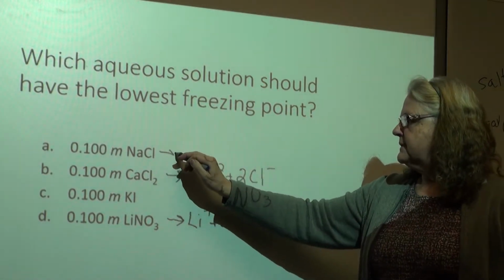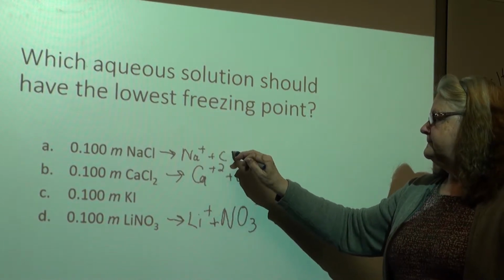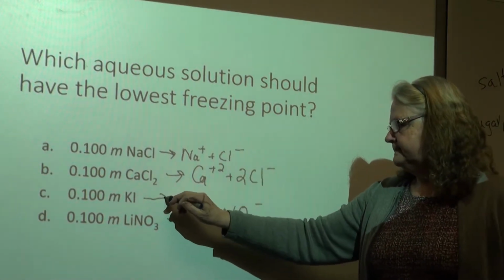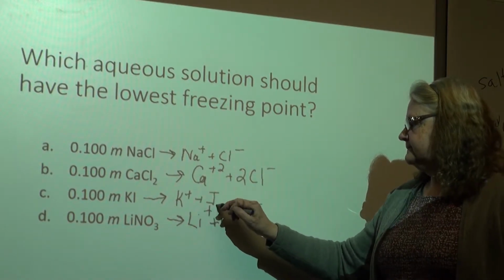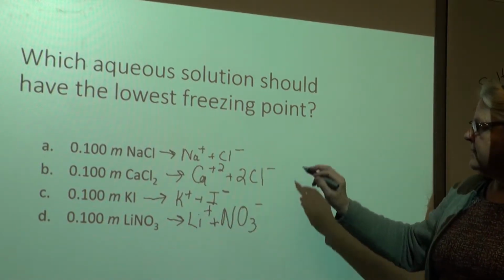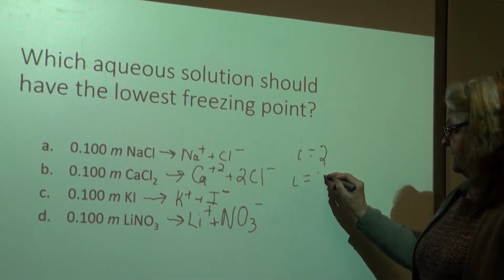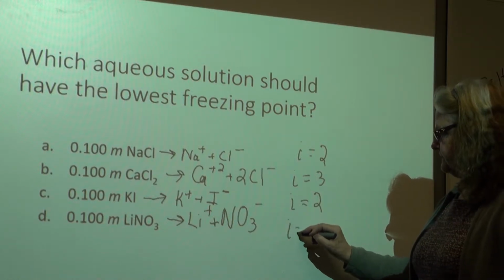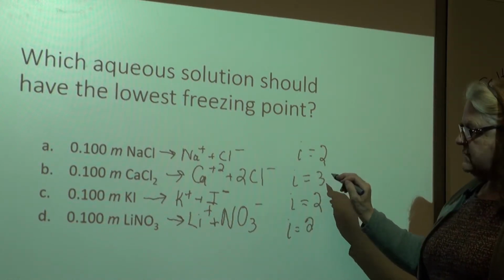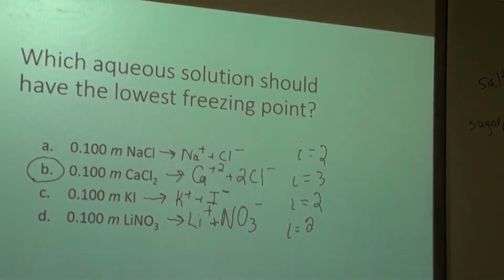These are both 2. All right, so i equals 2, i equals 3, and then i equals 2 for these others. So the one with the most particles, that's the one that's going to give me the lowest freezing point then.